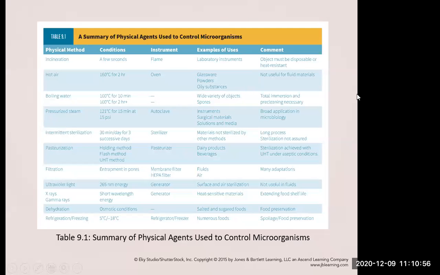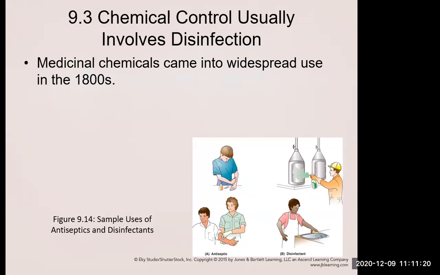So these are 3 summary slides. So I recommend going over these, and try to either in your head or verbally talk about each of these. Talk about why incineration is used, what it's effective against, what it's not effective against, and then use that as a way to gear your studying for quizzes and the exam.